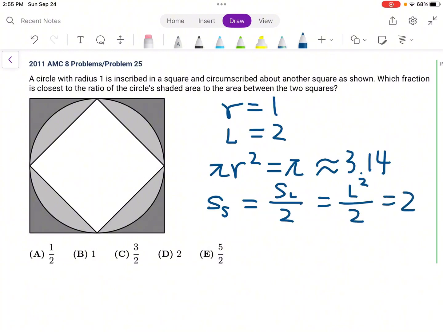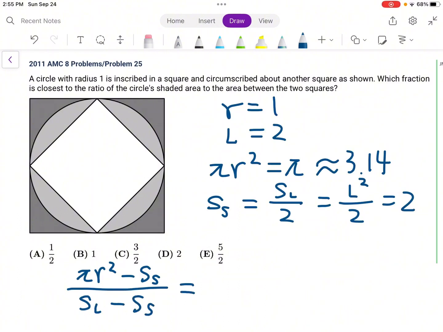Therefore, the ratio of the circle's shaded area to the area between the two squares should be pi r squared subtract SS, divided by SL subtract SS.